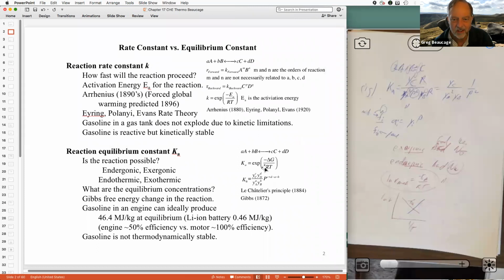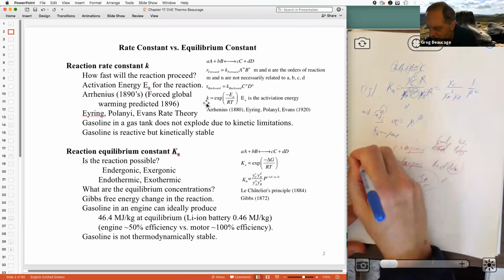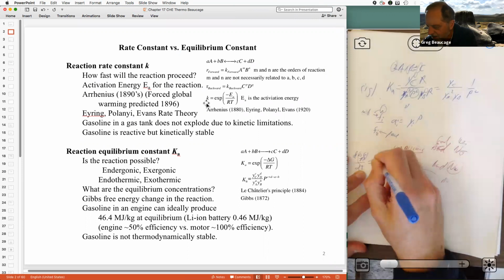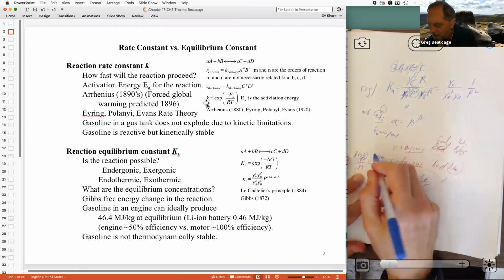You can use the Gibbs-Helmholtz equation to get that delta G if you know delta H. We know how to get delta H of reaction. Then the change in delta G over RT with respect to T is going to be delta H over RT squared. We had this Helmholtz equation before.